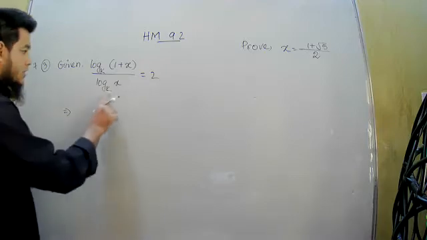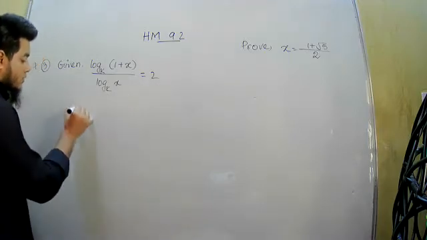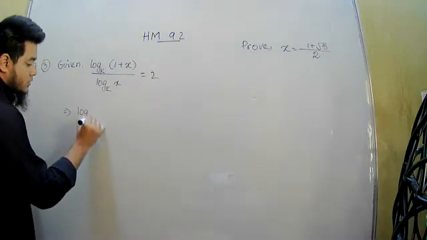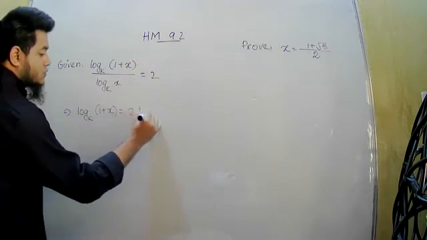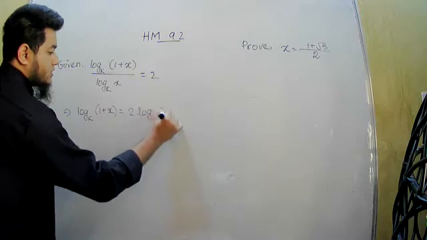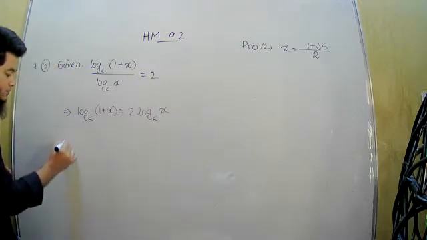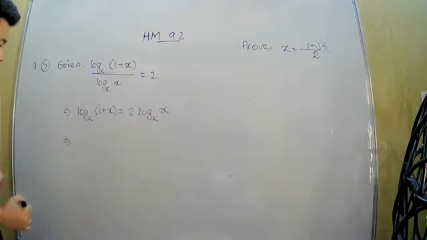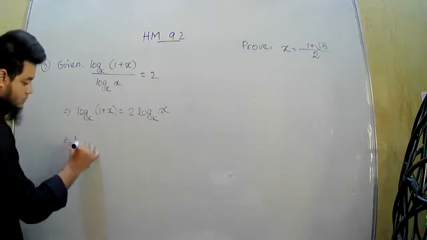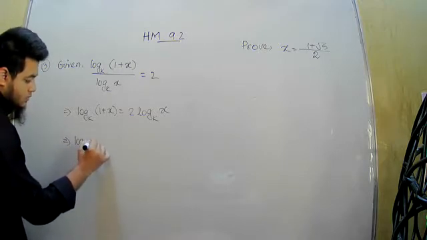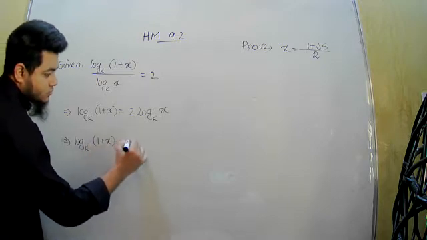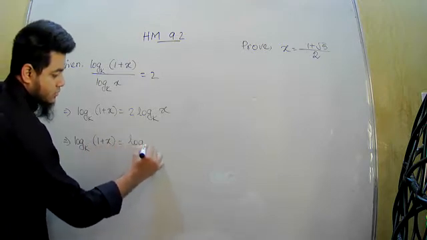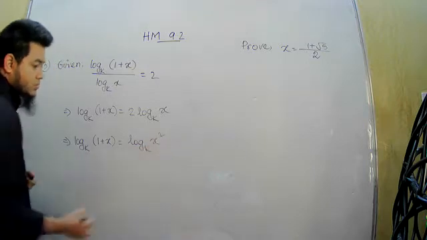At first, we can do cross multiplication, right? So log k base 1 plus x is equal to 2 log k base x. Log k base 1 plus x is equal to log k base x square.